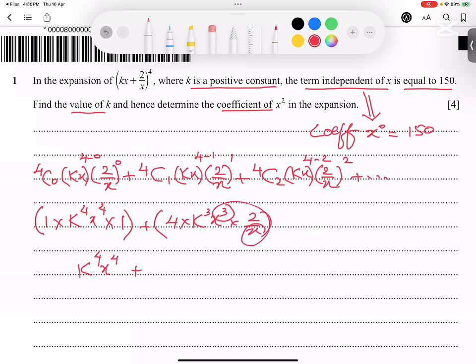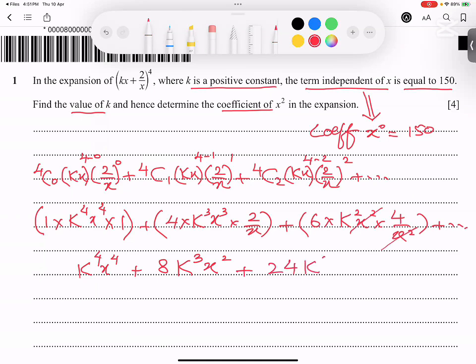This x will cancel with x cube. 2 fours are 8, and k cube and x to power 2. And what about this? 4C2 is 6, and this is a power of 2, so we can say k square, x square, and square of 2 and square of x. X square cancels out, and I get 24k square.